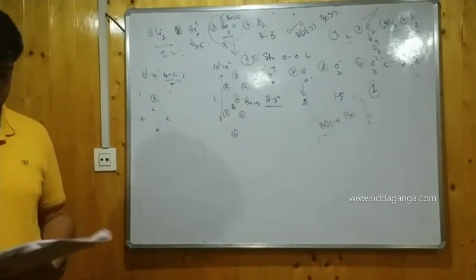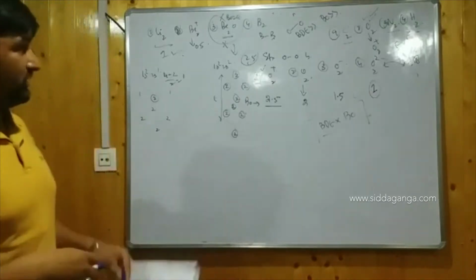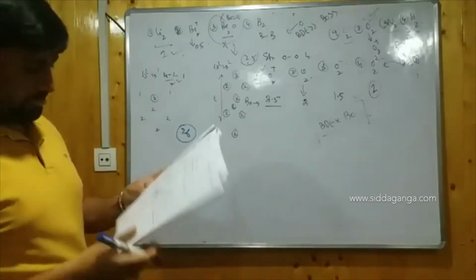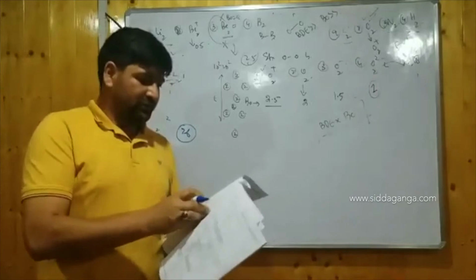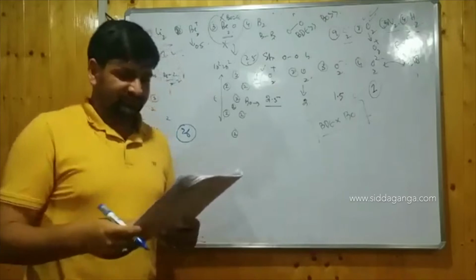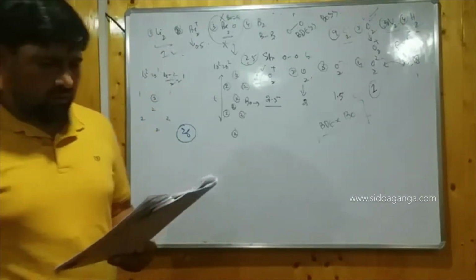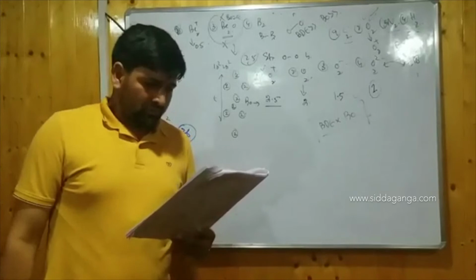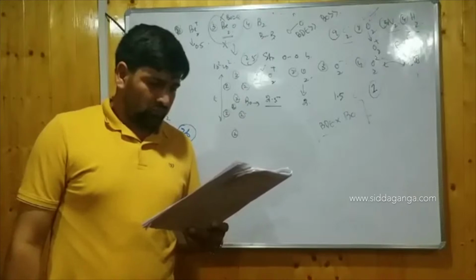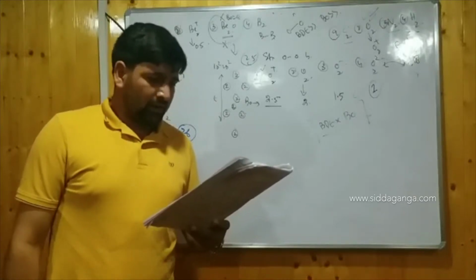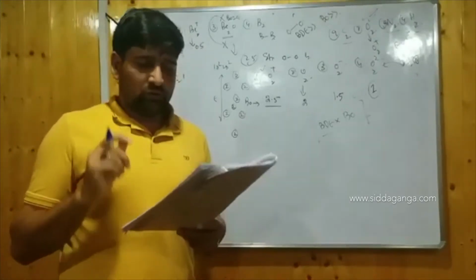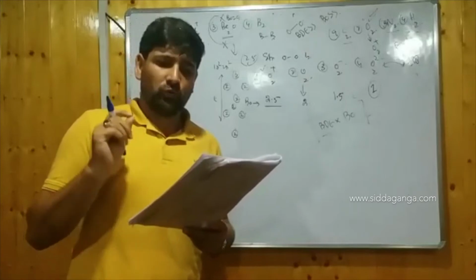So our next question here is question number 26. I have done a direct calculation, so it should be easier for all of you to do it. We have a question here: which molecule contains both polar and non-polar covalent bonds?